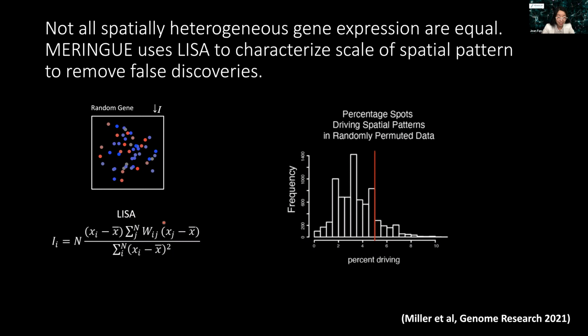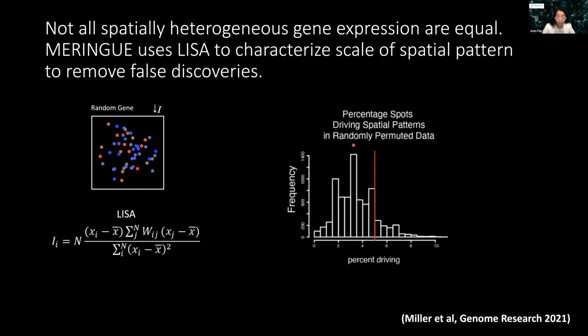Using this additional criterion, what we can show is that, again under evaluation of random noise, if we compute the percentage of cells driving a particular spatial pattern and require the pattern to be driven by more than 5% of cells, that effectively eliminates all our false positives.